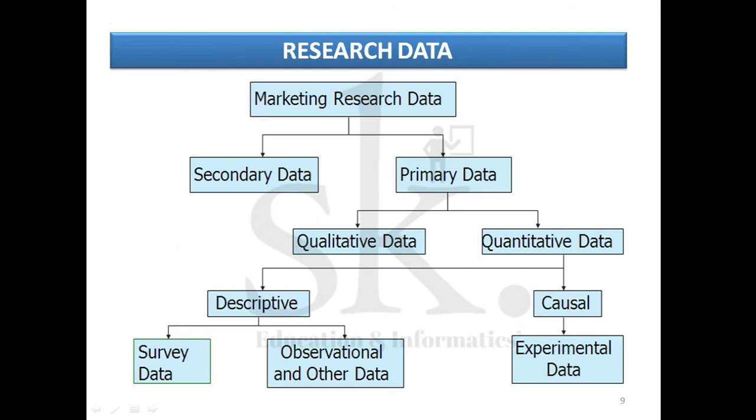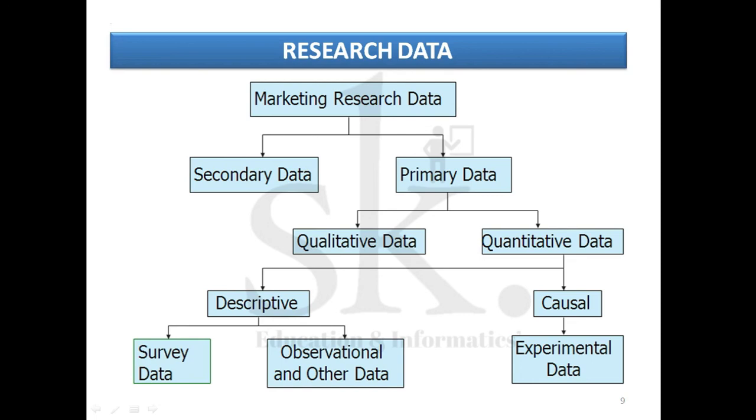Last part: if you check this diagram, you will see that there are two components, descriptive research and causal research, but we don't have any component for exploratory research. Primary data is classified under qualitative and quantitative data, and quantitative data is thereafter classified into descriptive research and causal research. Now, what then is exploratory research?